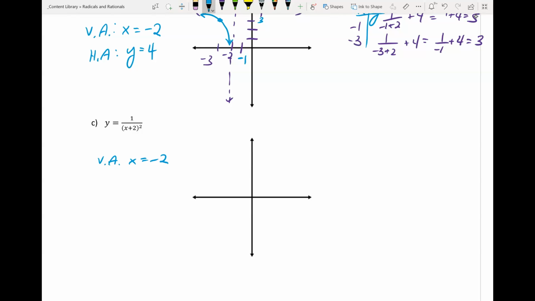And the graph that has a vertical asymptote with a squared in the denominator is your volcano graph. And because we don't have a plus something or minus something here, our HA is just going to be y equals 0. So we can go ahead and draw those in.